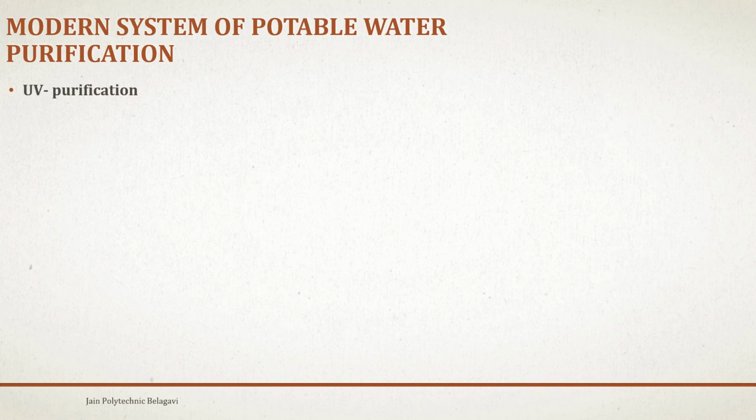Next, we'll understand the UV purification. UV means ultraviolet purification. In the earlier days, we used to have water from the pond or the dug well. The ancestors, my grandfathers and fathers, used to say that those waters were purified waters, which helped in gaining different minerals.